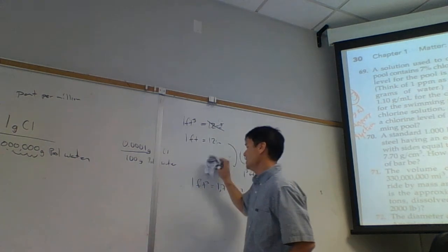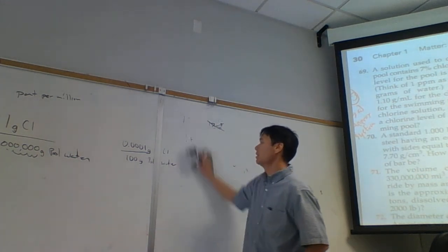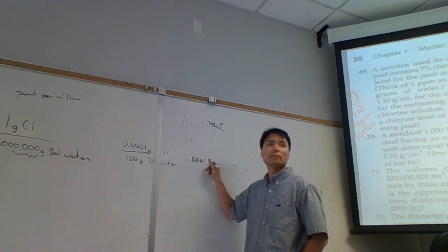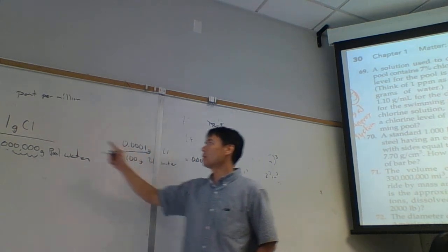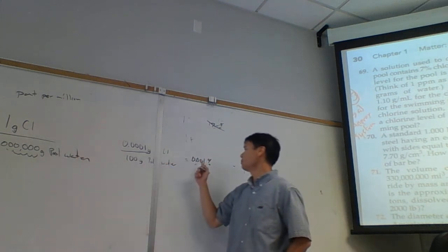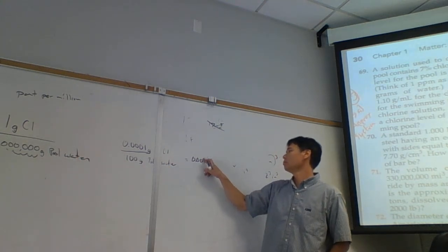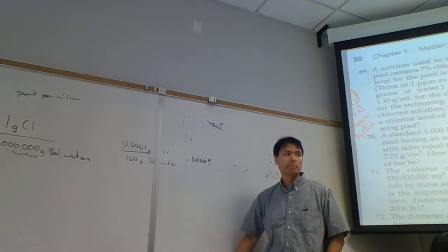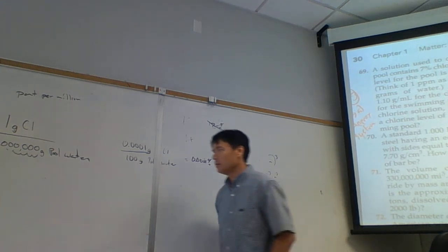And so what that means is it would be equivalent to 0.0001%. And so 1 part per million is the same thing as 0.0001% chlorine.